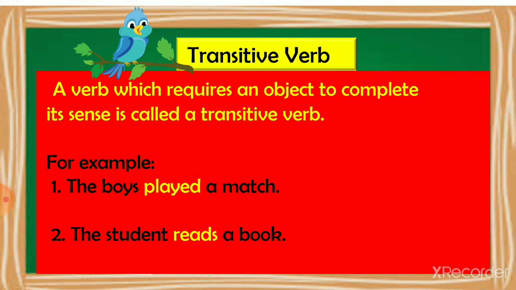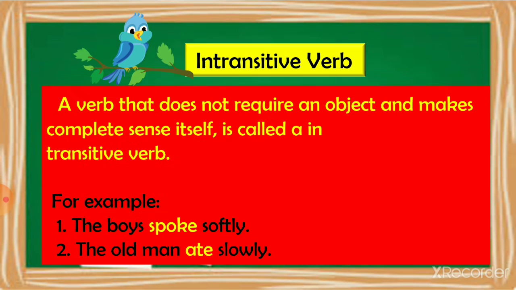And our verb played requires the object to complete the sense. Similarly, in the second sentence, reads is the verb and a book is the object, and our verb requires an object to complete the sense. Hence, these are examples of transitive verbs. So a transitive verb always requires an object to complete the sense of the sentence.